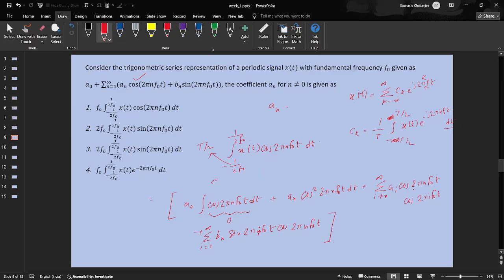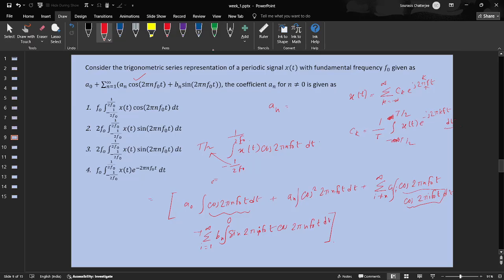What about this one, i not equal to n? Since i not equal to n, it is going to lead to another sinusoid. I missed the integration sign here, sorry about that, it should be integration dt.